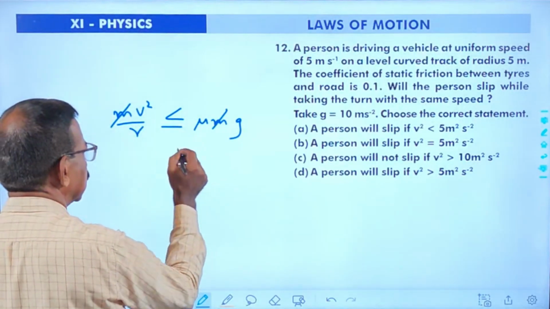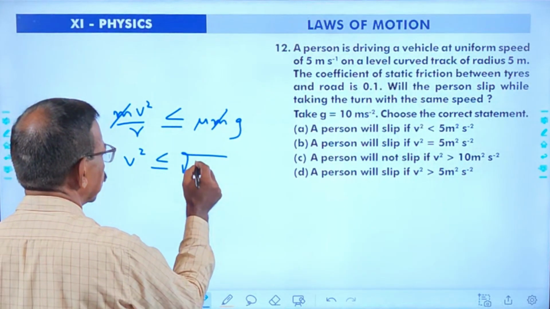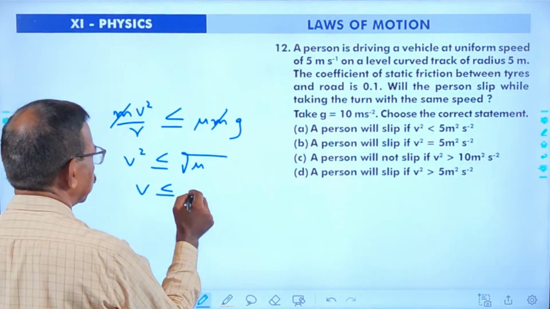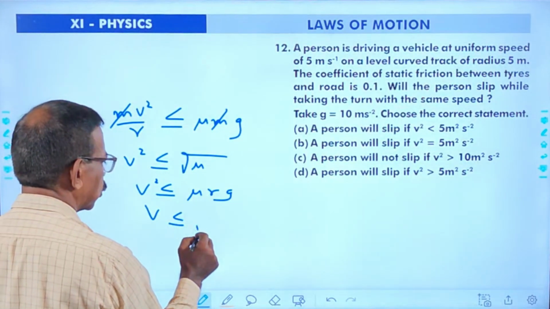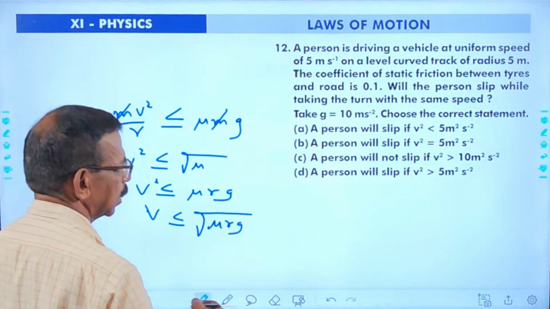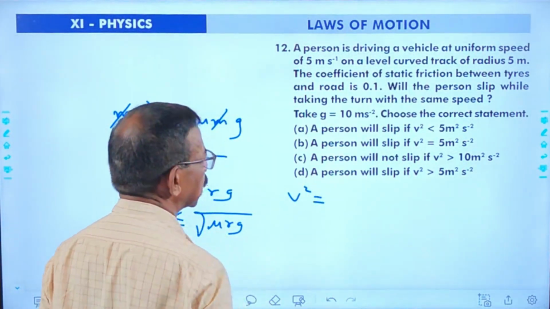Here m cancels. That is, v square is less than or equal to mu rg, so v is less than or equal to root of mu rg. Here, the options are given as v square, hence I may take v square itself.